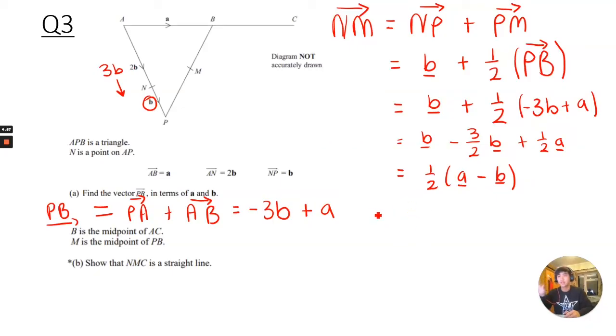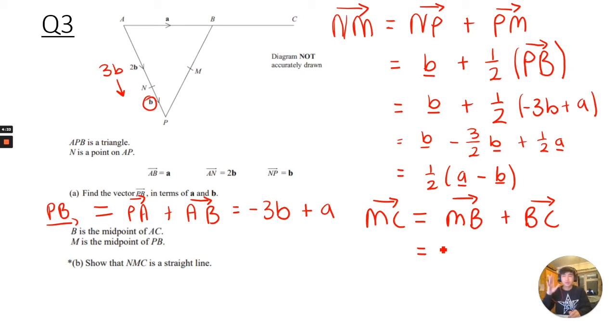So the next part is to find the vector M to C. We can't go directly from M to C. What we can do is go from M to B first, and then go from B to C. So like last time, M is the midpoint of P to B. We go in the same direction still.